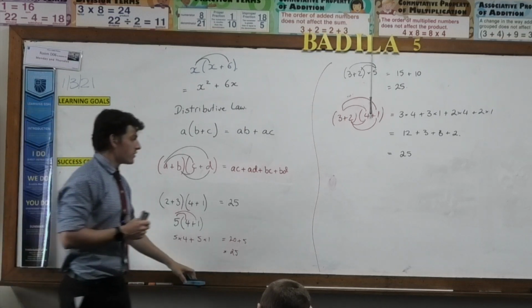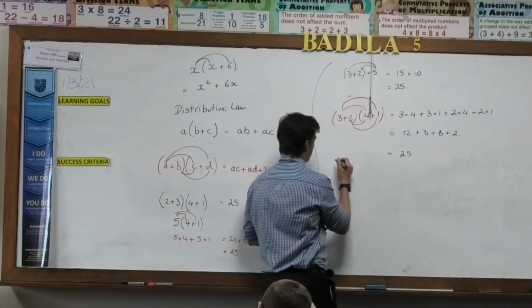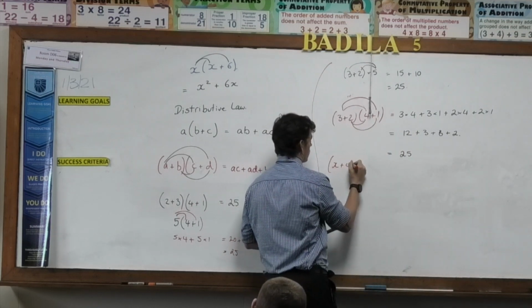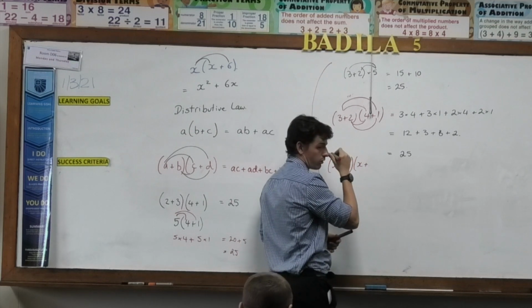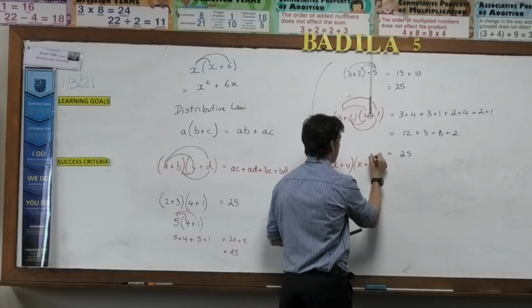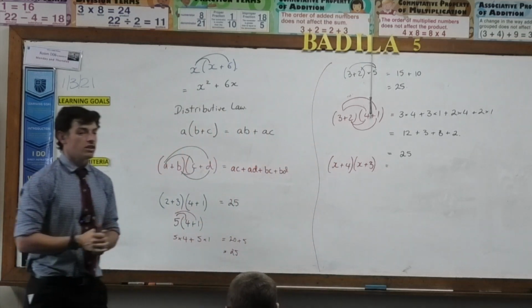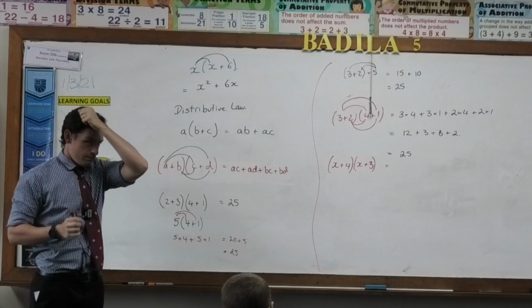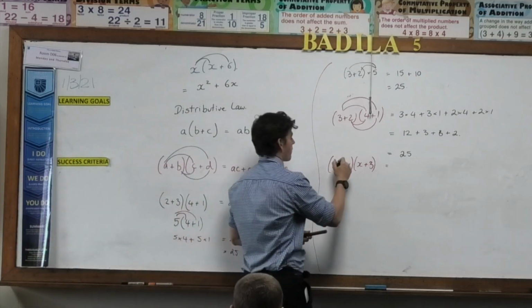So if I gave us this example here, and I'll just go below. If I gave us x plus 4 times x plus, what do you want? 3? That would give me what? So what should I start out with, Charlotte? What do you reckon? x times x. Yep, so that'd be a crab claw, so I've done this one.